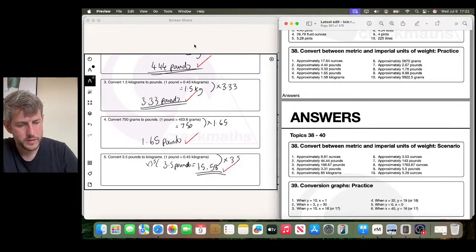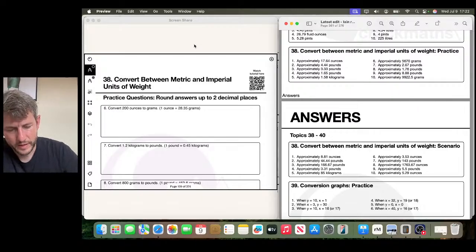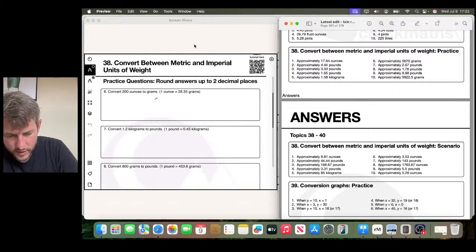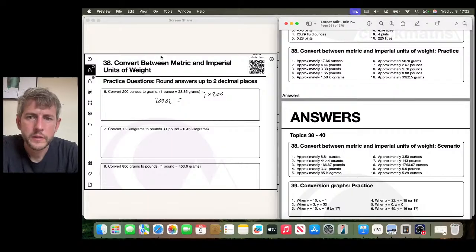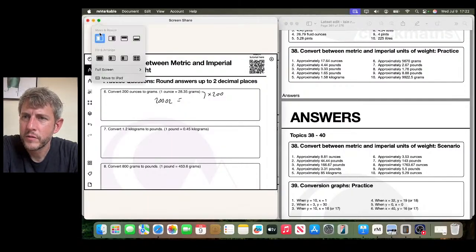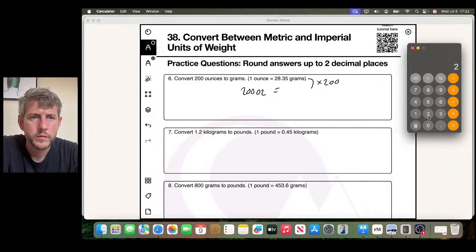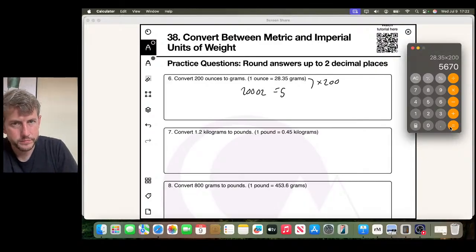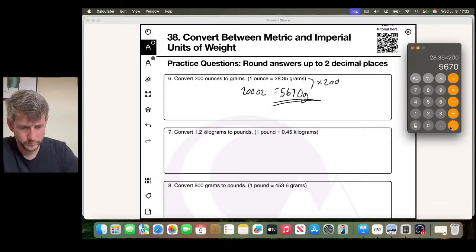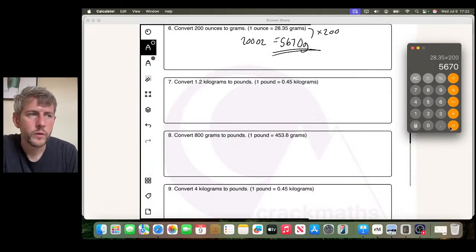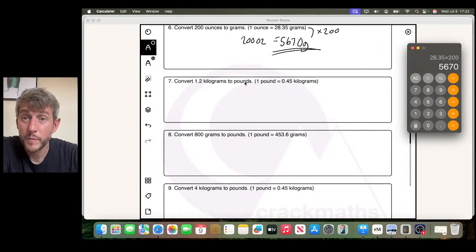Okay. Second round. So we're just going to times this by 200. Oh, sorry, let me get that full screen. So, excellent. Question 2, we've got convert 1.2 kilograms to pounds.